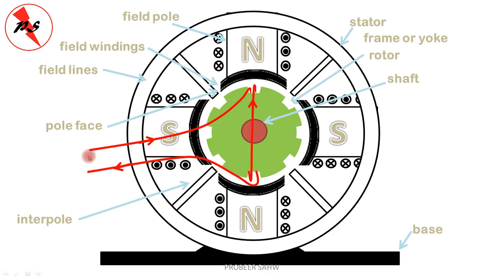Now if we connect it to a DC supply, a DC current will flow through this if it is a motor, or if we connect a load to these ends of the wire, an EMF will be induced in this wire and current will flow through that load if the machine works as a DC generator. So in this way we can have armature windings on the rotor.